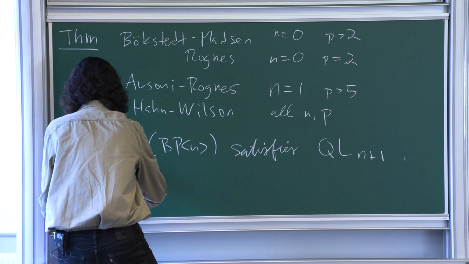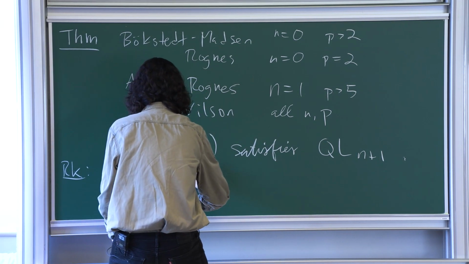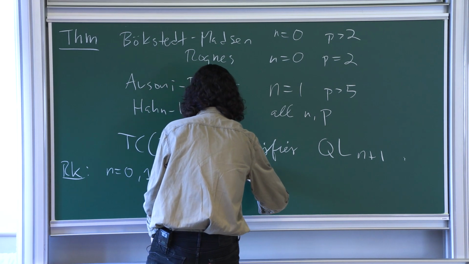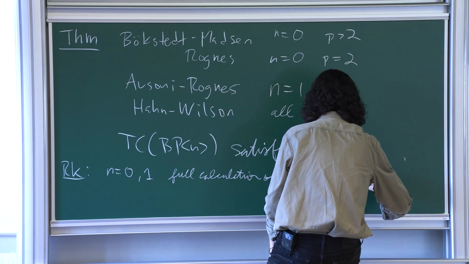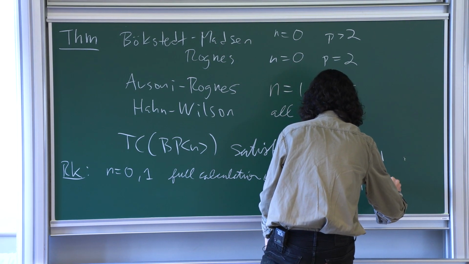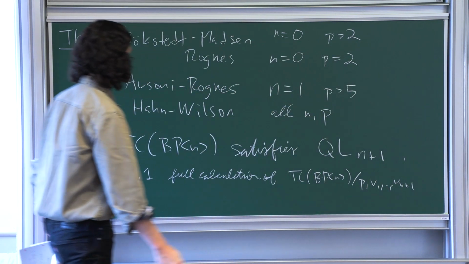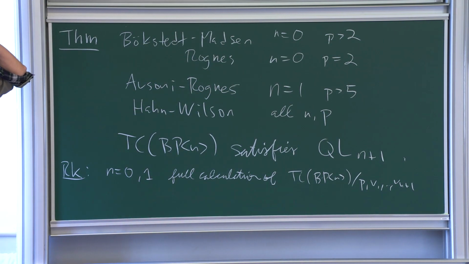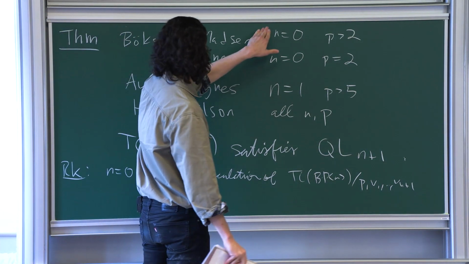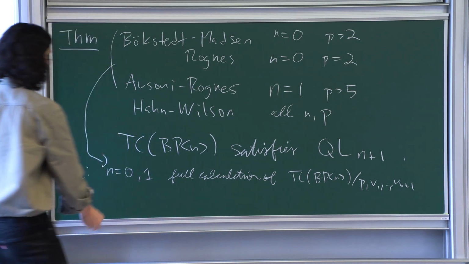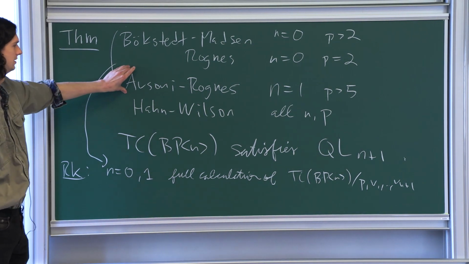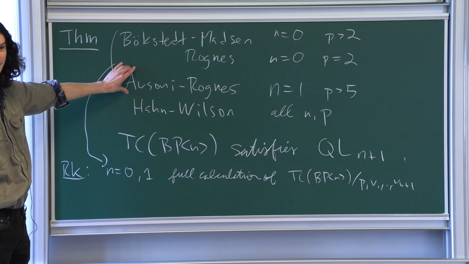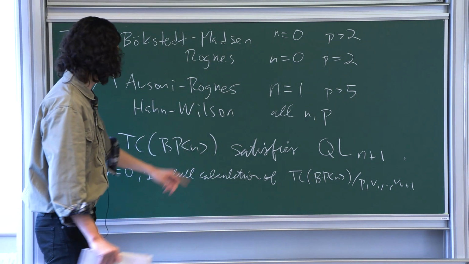So remark: for n equals 0 and 1, they actually give a full calculation of TC of BP⟨n⟩ mod p, v1, up to vn plus 1, for certain choices of these, in this regime. So this was the big thing. This is the first example, really, of a higher chromatic redshift. This calculation of Ausoni and Rognes of TC of BP⟨1⟩.